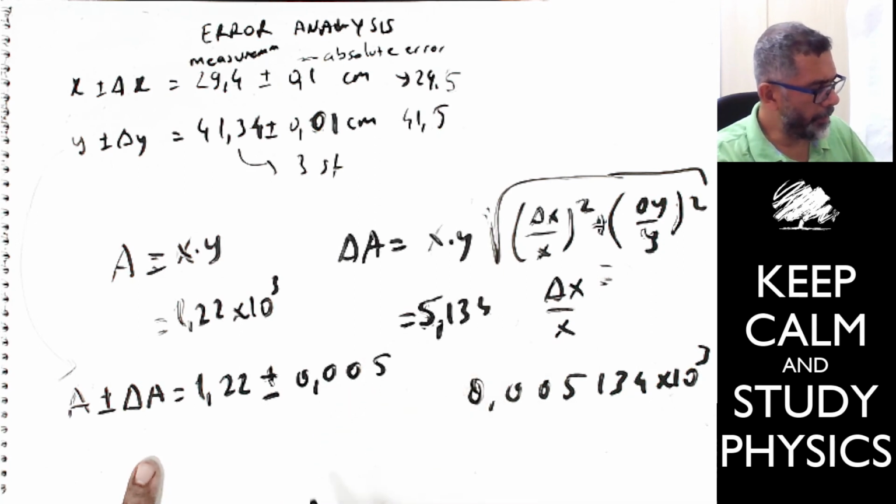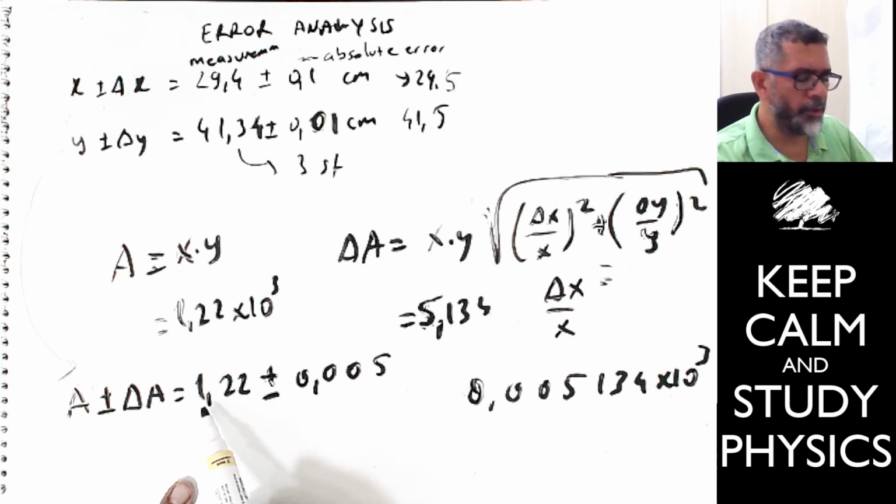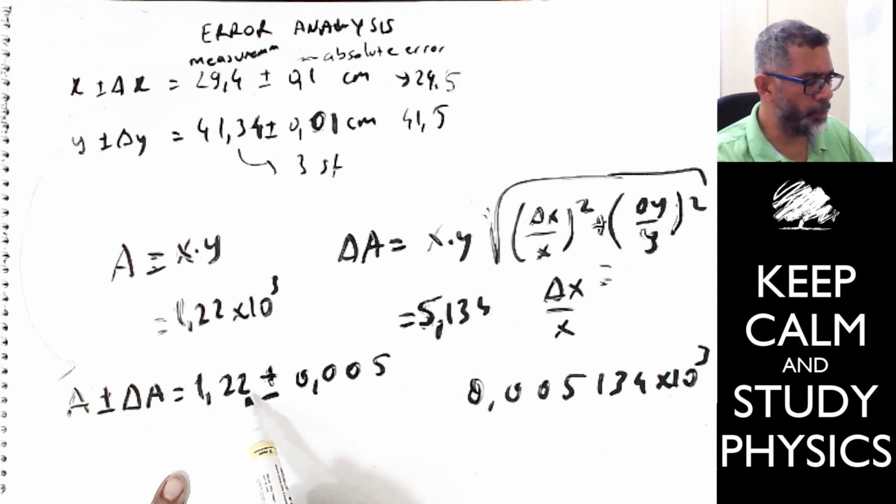0.005. But the thing is, we cannot keep all these digits. The rule in recording the error next to the measurement is that we have to match the number of digits after the decimal point. Over here, after the decimal point, we have only 2 digits.